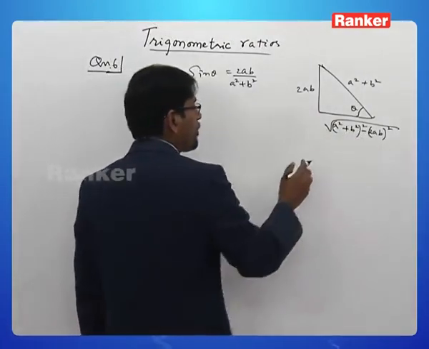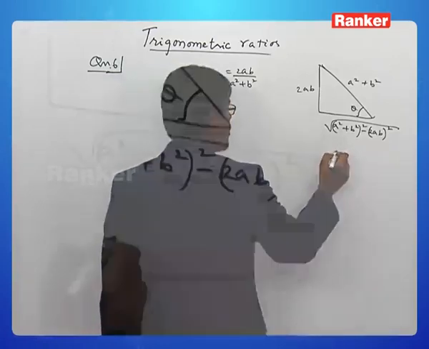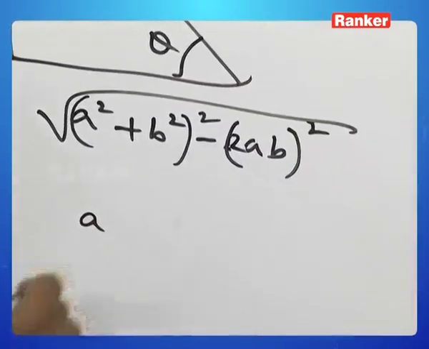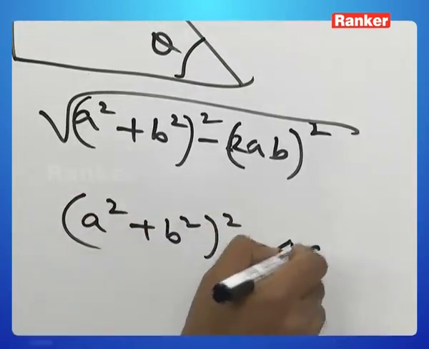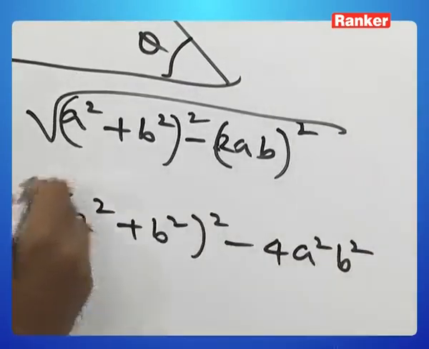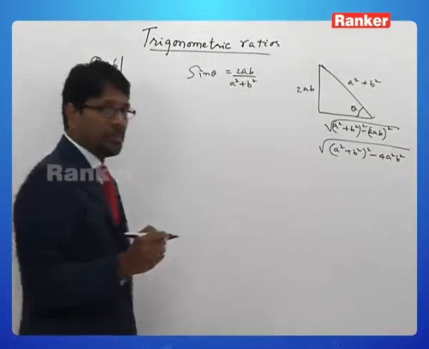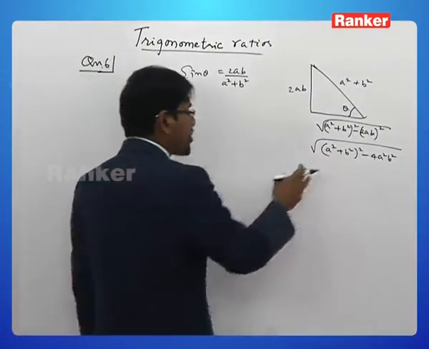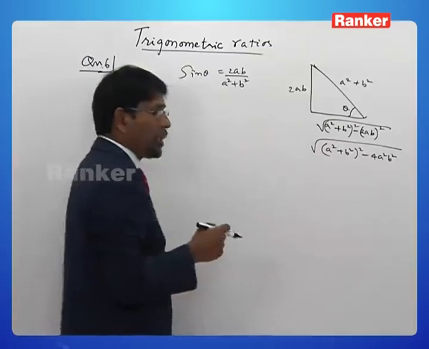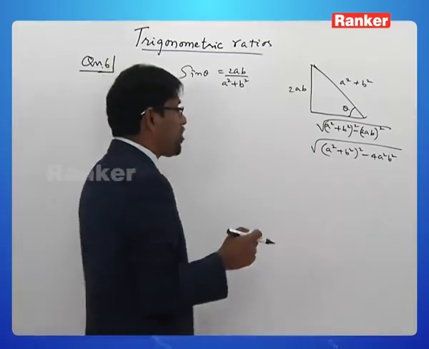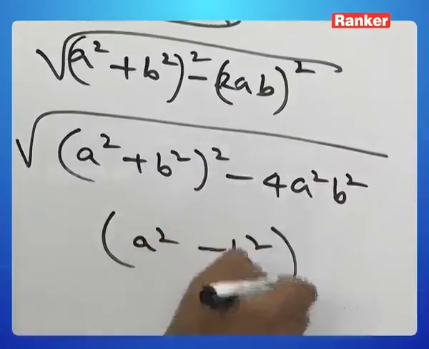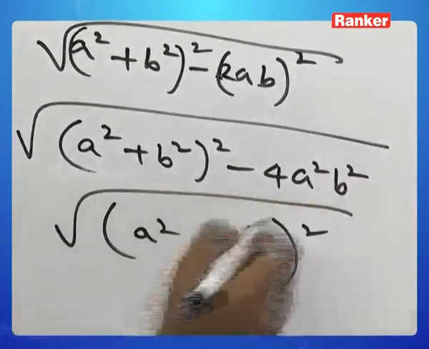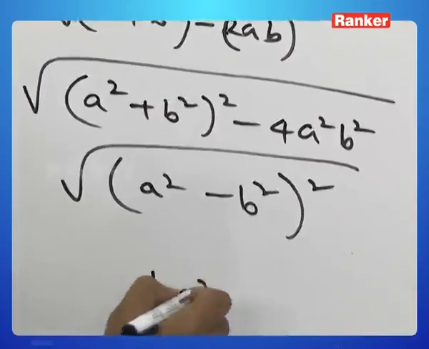That will be a square plus b square the whole square minus 4a square b square, under root. It's like x plus y the whole square minus 4xy, that comes out to be x minus y the whole square. So, this turns out to be a square minus b square the whole square under root, which is nothing but mod of a square minus b square.